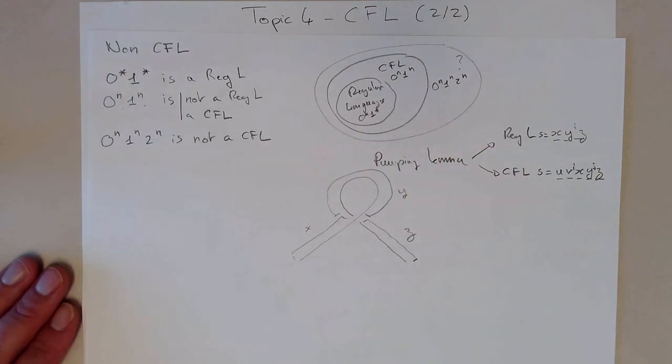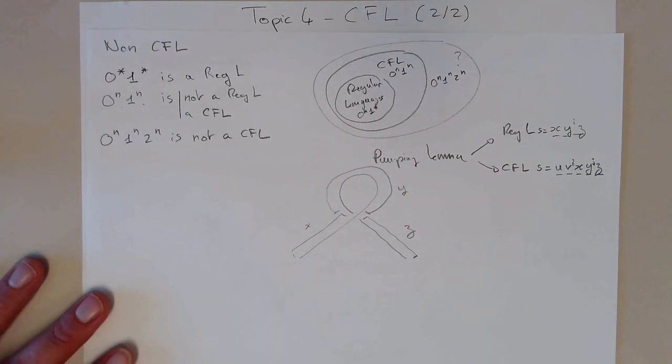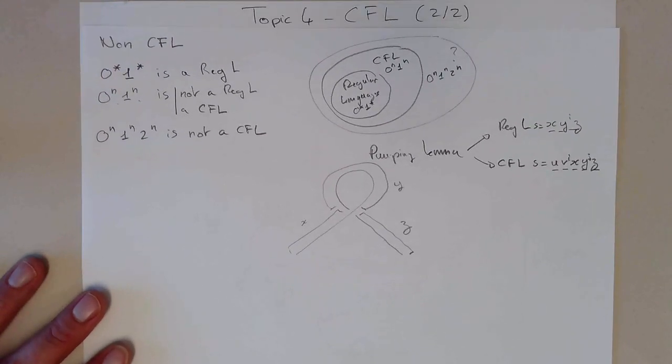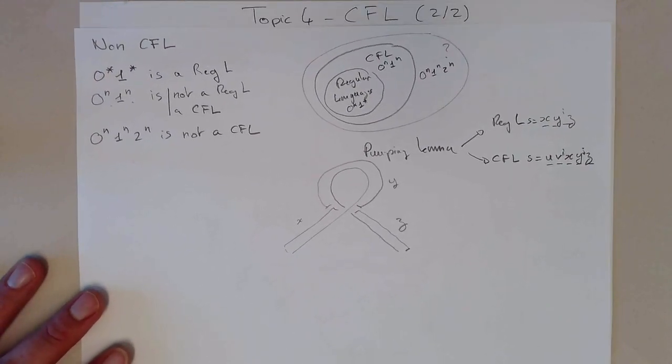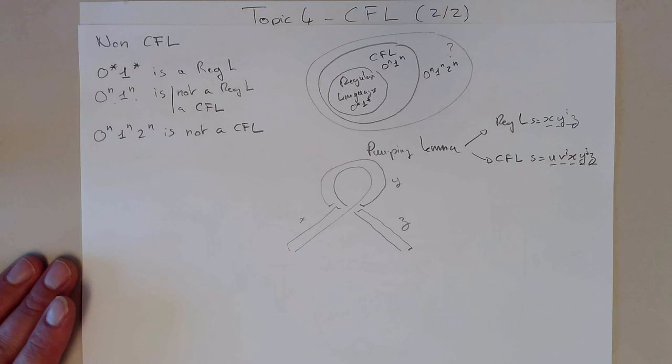I'm not going to show that again for the pumping lemma for context-free languages. The idea is very similar, and I don't think it's necessary to go through the proof, but let me give you a little bit of the idea. At least intuitively, why 5 pieces?